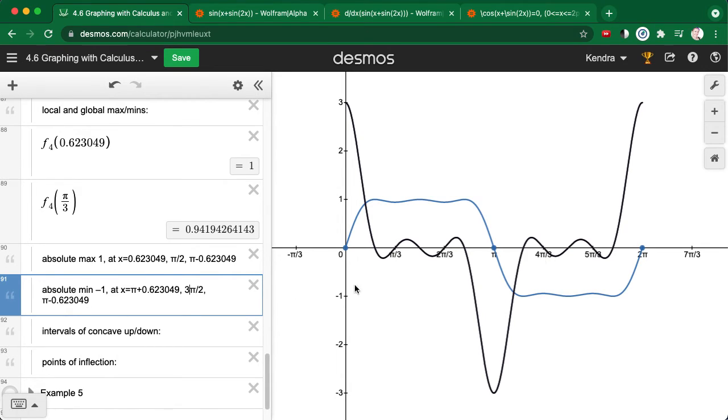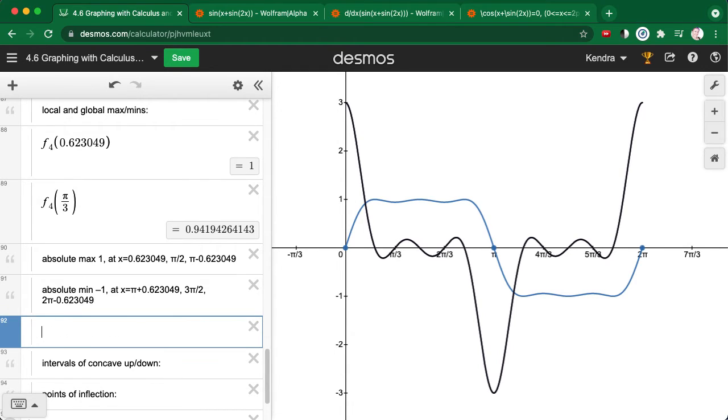And then this is going to be 2 pi minus that number, because this distance here is that same 0.623 distance. And then, so those are all absolute maximum and absolute minimums, and also local maximum and minimums.